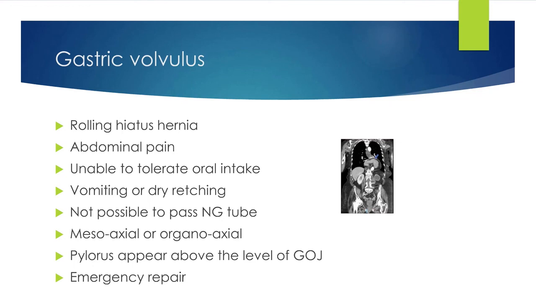The mechanism is the fact that you've got two points that are more or less fixed, which are the pylorus and the gastroesophageal junction, and the stomach is floppy and it can roll around itself or around the axis of the blood vessels and its mesentery. It doesn't make a huge difference to the treatment. They both are surgical emergencies, and they both are treated in a similar way.